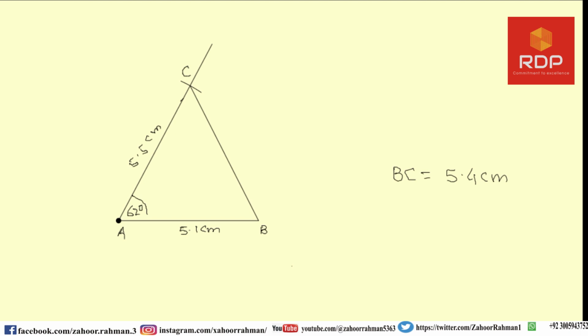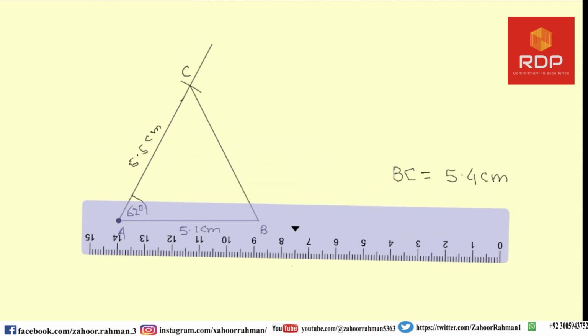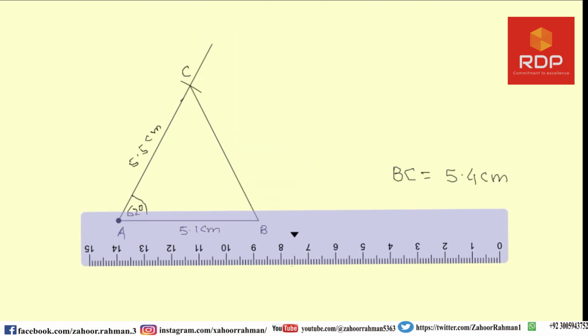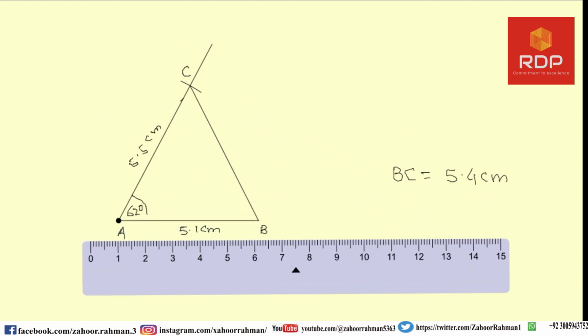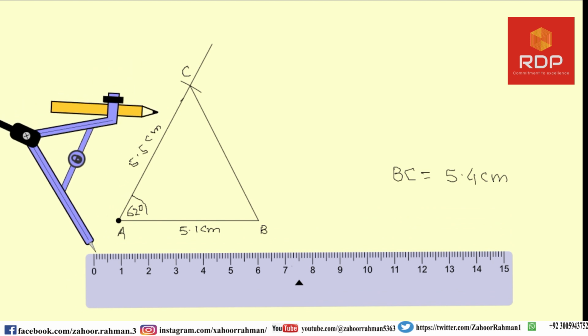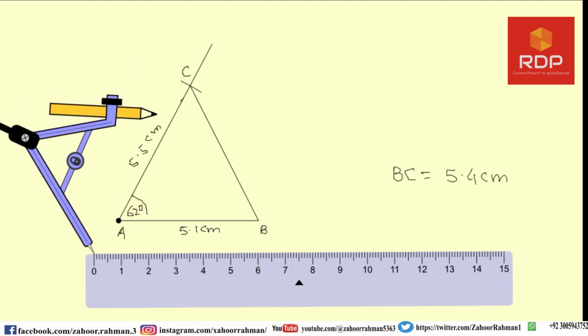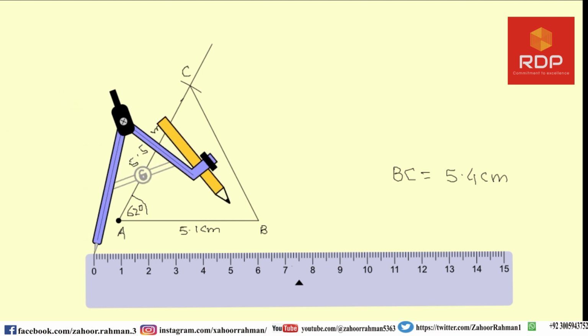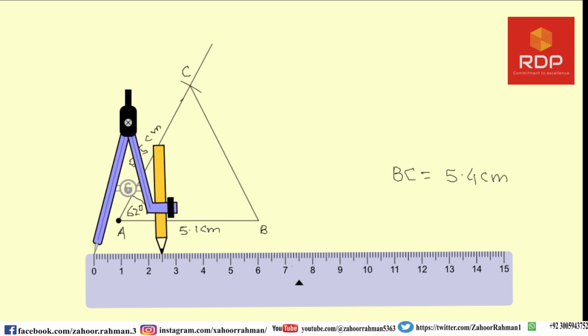Okay, the second part is saying construct a circle of radius 5 centimeters. So I have to take it, how much? In my case, I have to take 2.5. So let me open these arms to 2.5 because they are saying 5.